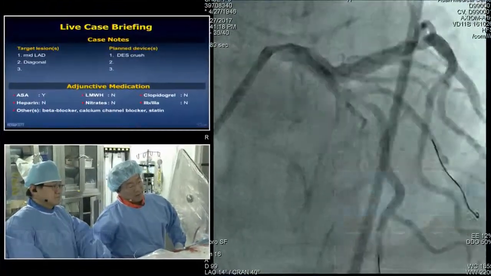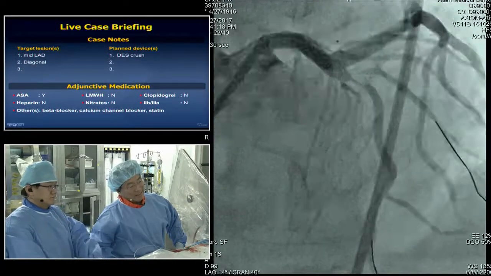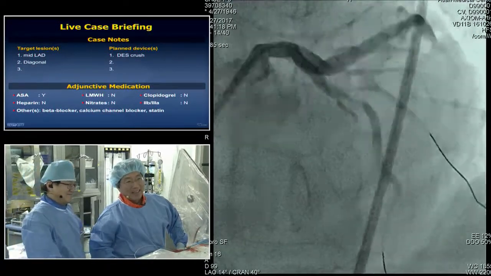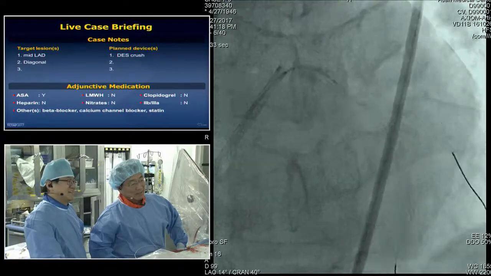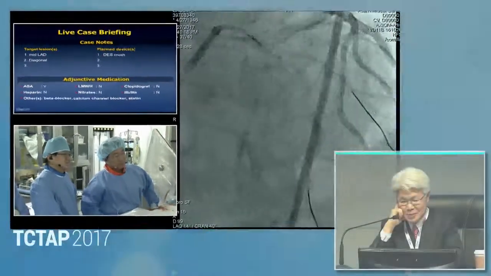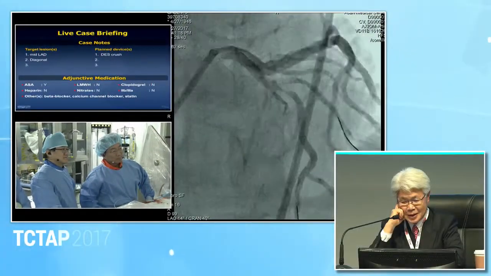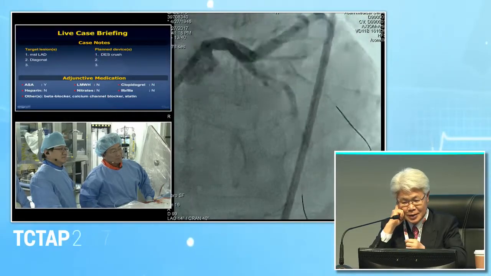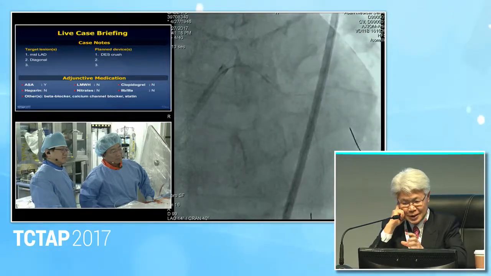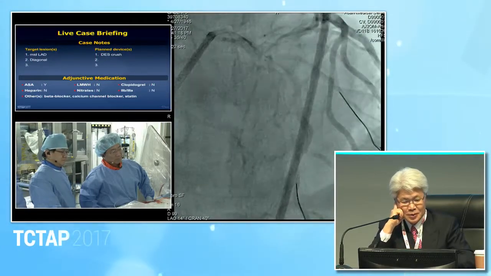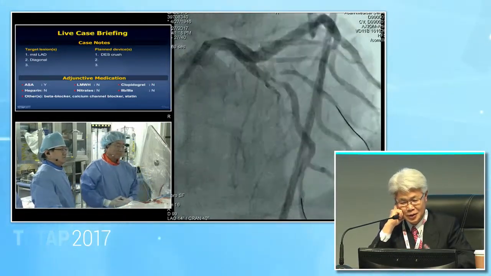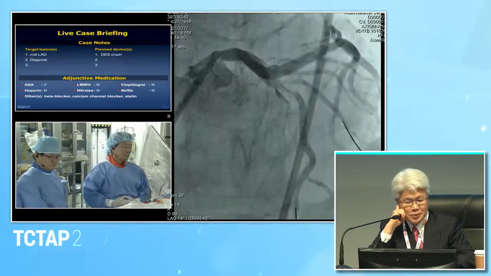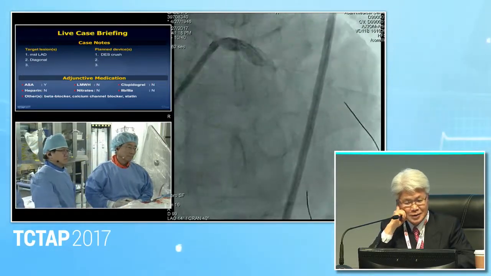Akasaka? Yes. It's a very complex region. The diagonal is very significant, and the angle from the LAD is very narrow, so there is some risk of side branch occlusion. As you said, the provisional T-stent might be one option to treat this case.